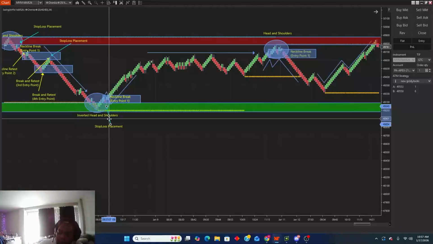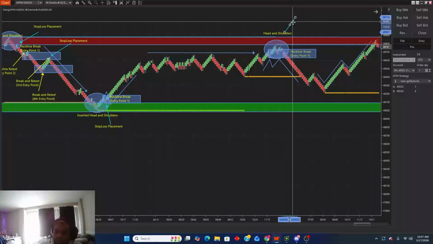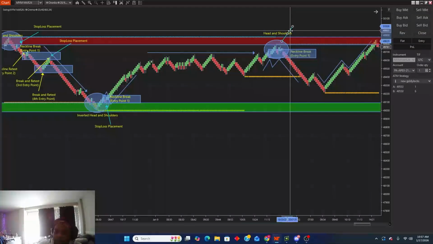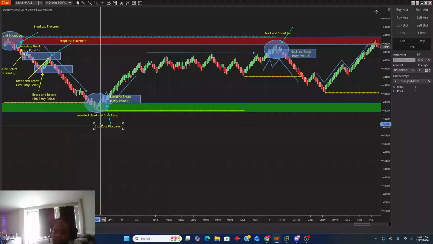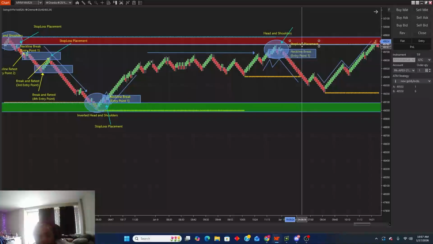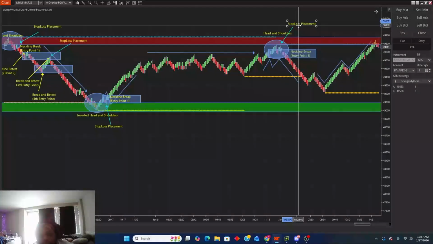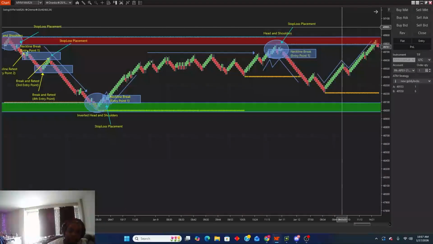You know me. Where would your stop loss be? Above the right shoulder. You see?